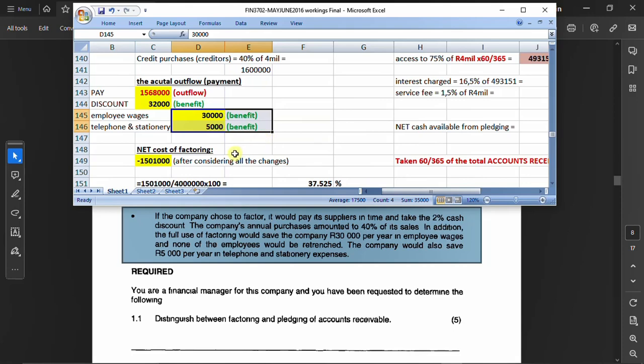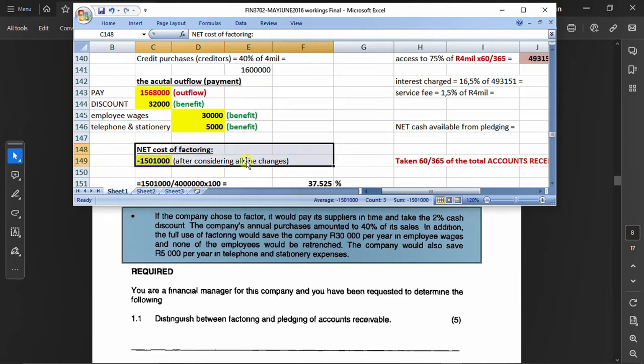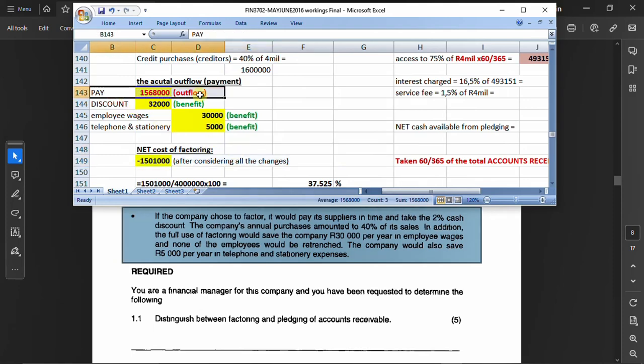If we're looking at the net costs of factoring, in other words after taking everything into consideration, ultimately I'm looking at the annual purchases as an outflow, and I'm looking at the benefits that I'm going to derive, so I'm going to offset that against the costs. If you take this amount and offset it with those amounts, you're going to get that figure.